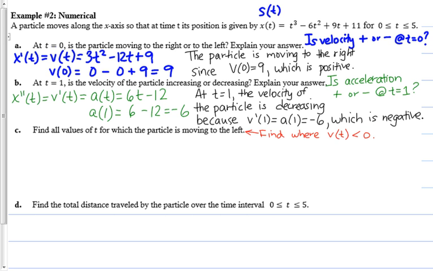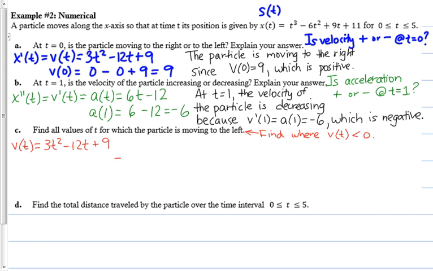And the location where my velocity function might have changed signs is where my velocity is equal to 0. So I'm going to take the velocity function. I'm just going to write it over from up there. 3t squared minus 12t plus 9. Okay, so I'm going to take my function and I'm going to set it equal to 0.